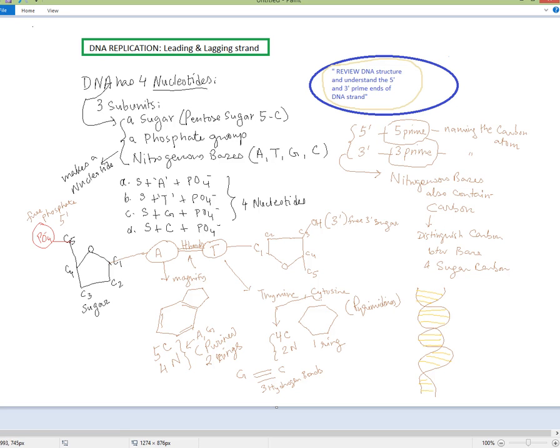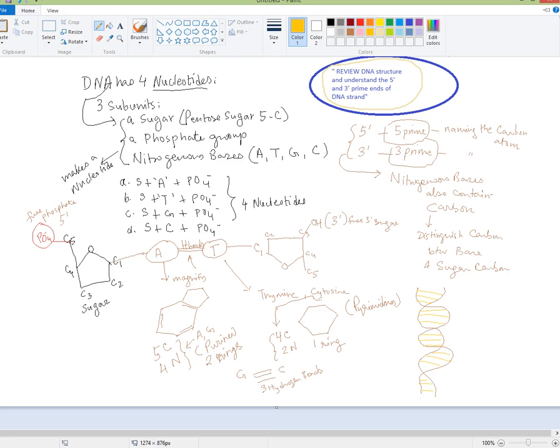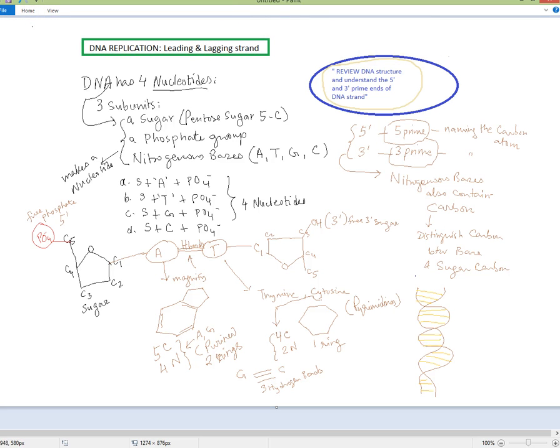Okay, so this is a double strand structure, and you have to name it: this is 5 prime, this is 3 prime, and this is 3 prime and 5 prime.